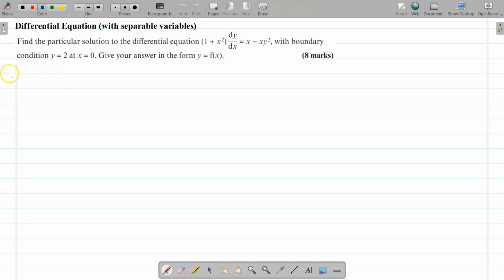So my starting point would be this: 1 plus x squared dy by dx, and that would be equal to x bracket 1 minus y squared.